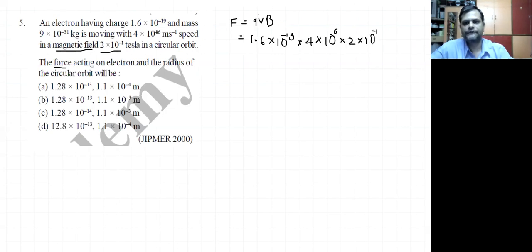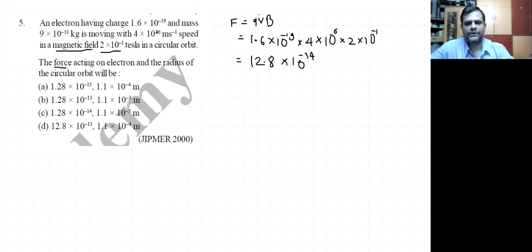If we multiply this, we get 1.6 into 4 into 2, that means 1.6 into 8. 16 8s are 128, so we get 12.8 multiplied with 10 raised to minus 19 minus 1, which becomes minus 20, plus 6, means 10 raised to minus 14 here.